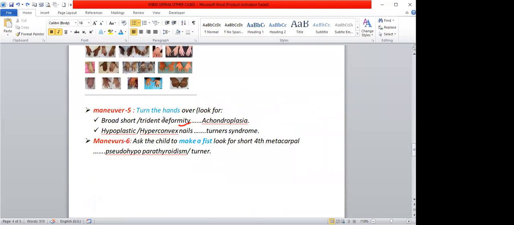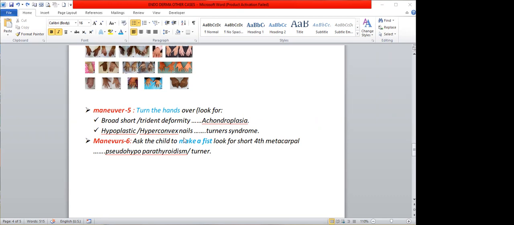Now maneuver 4, turn the hand over to look for features like the trident deformity, as I just discussed. This broad, short, trident deformity we can find in achondroplasia.